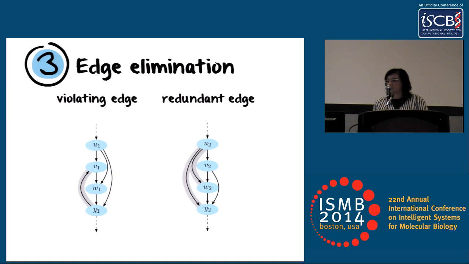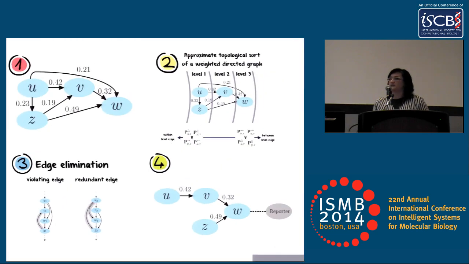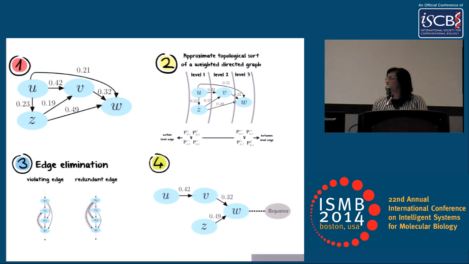So as a final step, we remove violating edges and redundant edges. And we do that such that we take into consideration our structure that we have from previous steps, this assignment of genes to levels, and we retain those edges that exist within certain levels or between levels and are directed downwards towards the phenotype node.